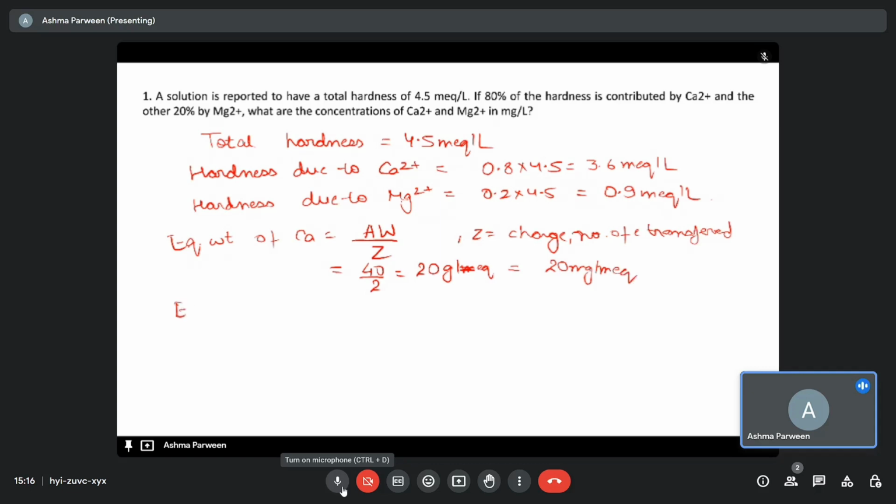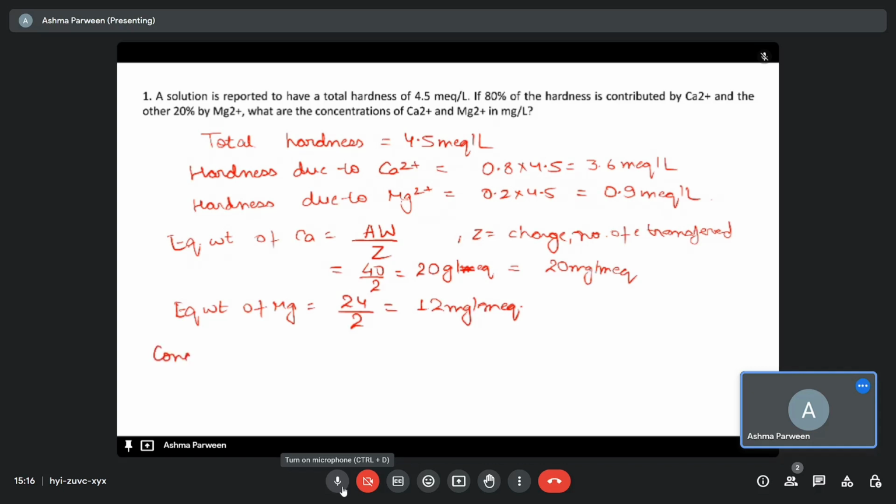Similarly, we will find the equivalent weight of magnesium. We know that the atomic weight of magnesium is around 24, and again the charge on magnesium is 2, so it will be 12 milligrams per milliequivalent.